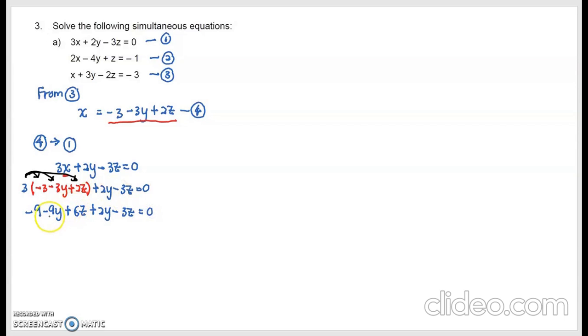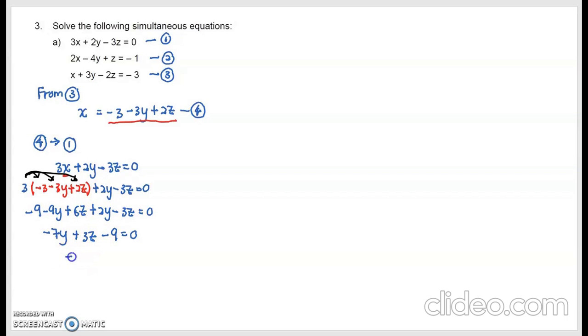So we try to simplify. Negative 9y plus 2y, here is negative 7y. Positive 6z minus 3z, positive 3z. Here is negative 9, so minus 9 is equal to 0. Or we can try to simplify this part. Let's say here I put y as our subject, if you are comfortable with y.